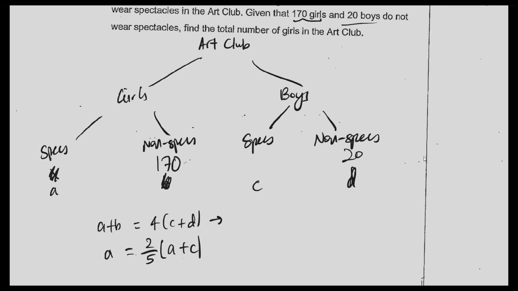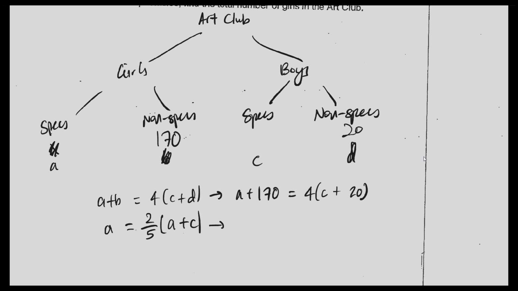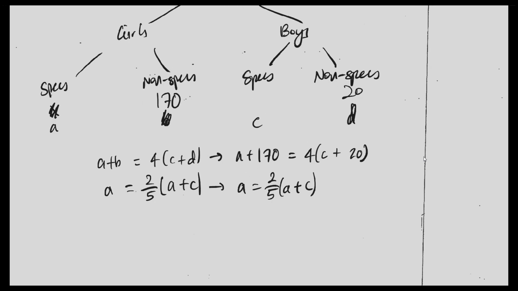So what we get from this, we have A plus 170 equals 4 times C plus 20. And what we get from this is A equals 2/5 of A plus C, right? So how can we further simplify this?